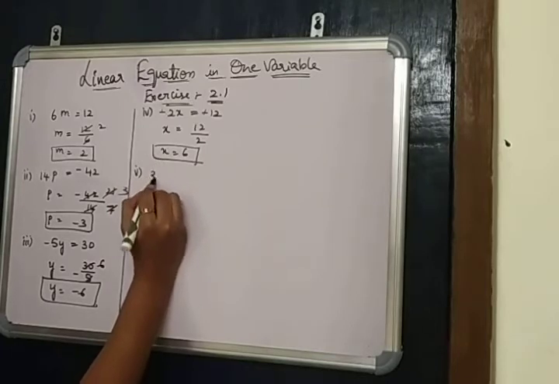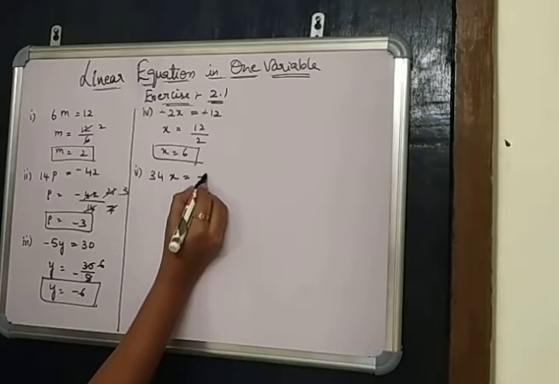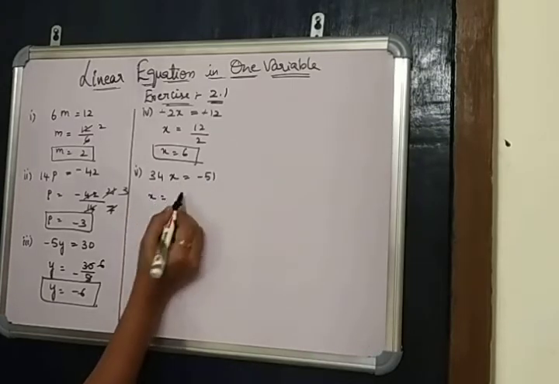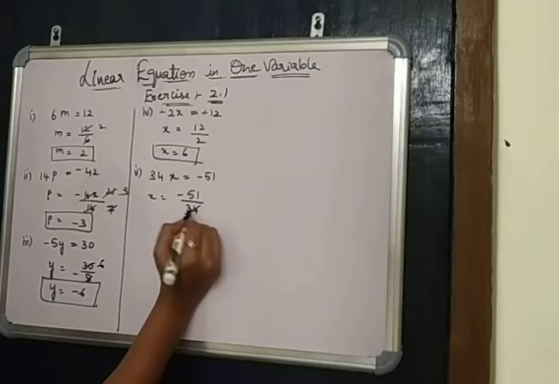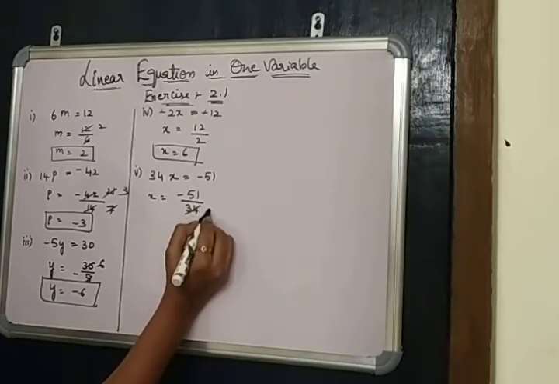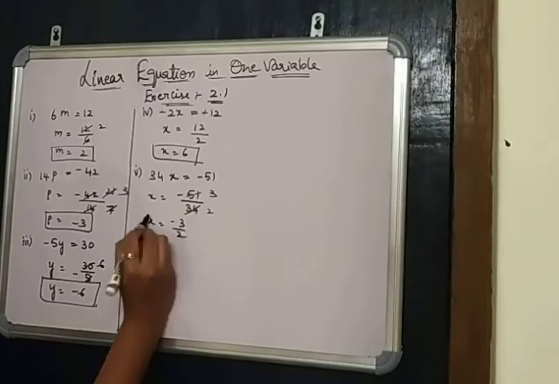Fifth one, 34x = -51, where x = -51 divided by 34. In the 17 table, 34 is 2 times and 51 is 3 times, so x = -3 by 2.